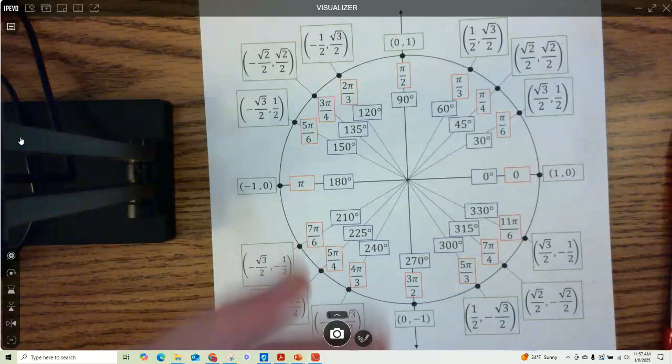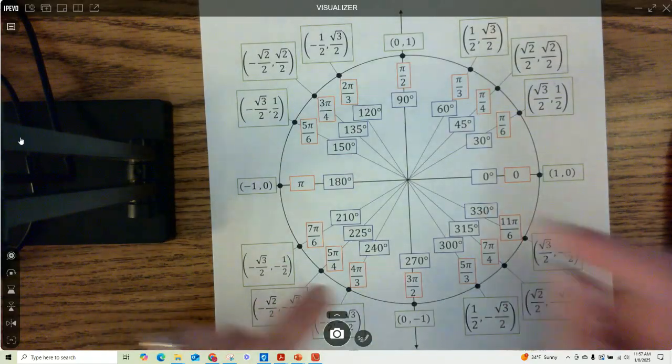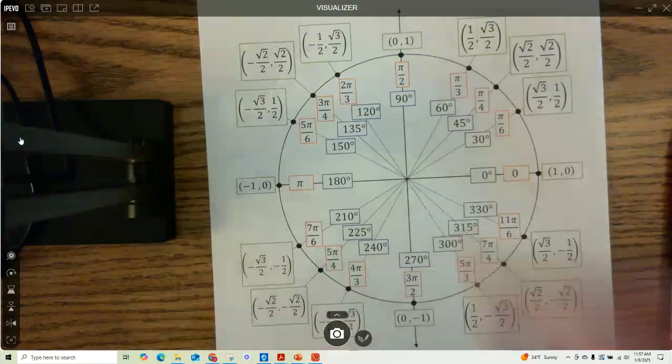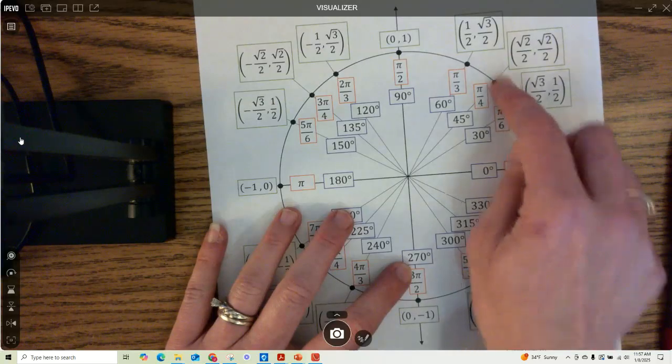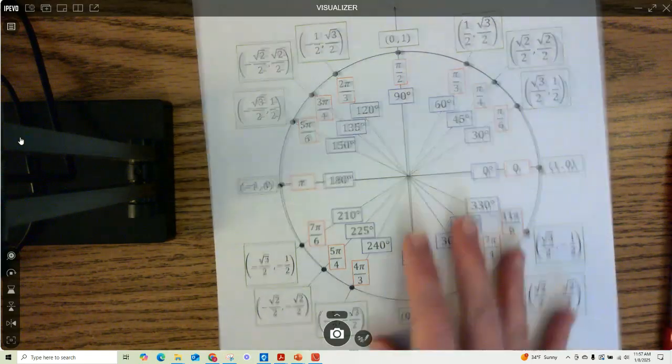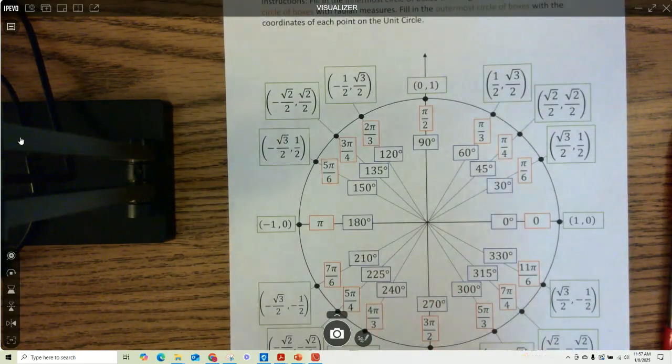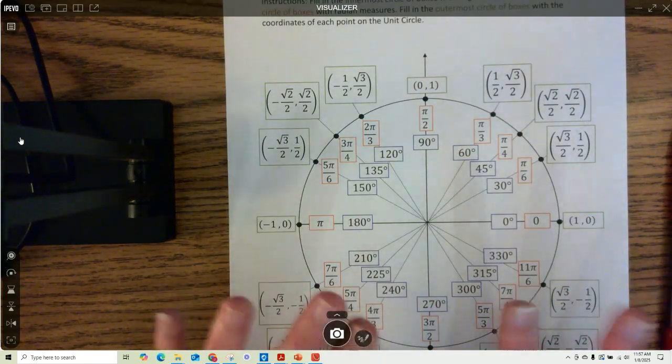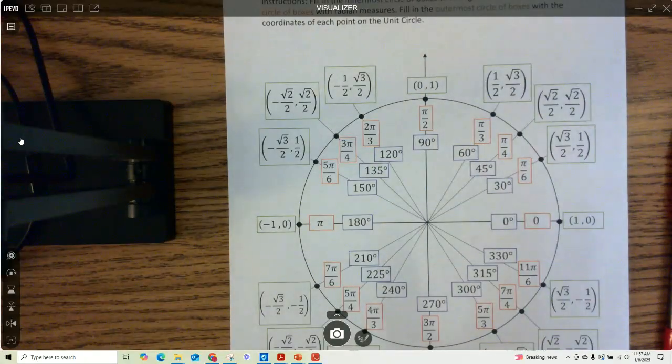If I put this circle on a coordinate grid on graphing paper and put the center of the circle at 0, 0, each of these points is where that part of the circle would land. This is just called a unit circle. This is just the base. This is a note page that needs to go in your notes. It's all filled out. Just wanted you to have it for reference.